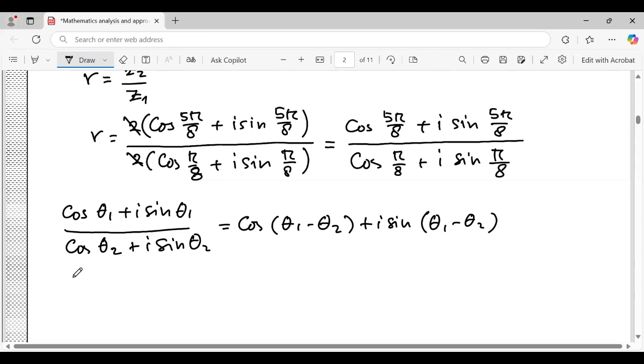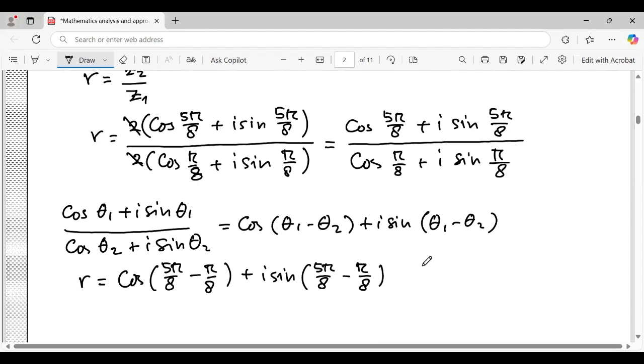So according to this rule, we get r equals cosine of 5 pi over 8 minus pi over 8 plus i sine of 5 pi over 8 minus pi over 8.